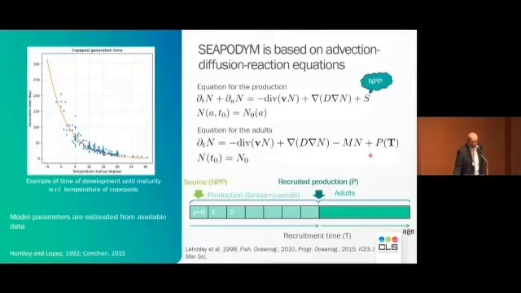In the equation of adults, the source of energy of animals is given by the recruited production. All these parameters in the equation, like for instance the mortality, are given by studies that we can find in some papers.